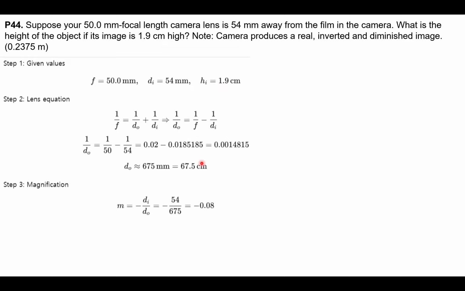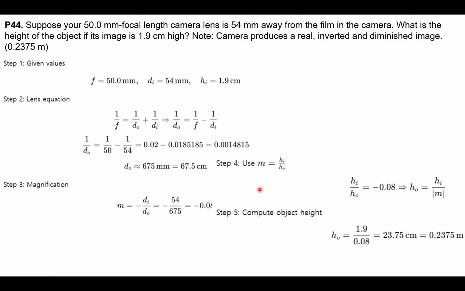And then from the magnification formula, you get this one, and finally this is also related with the height. This is the distance, and this is the height. Once we find the magnification m, you can get the height of the object.